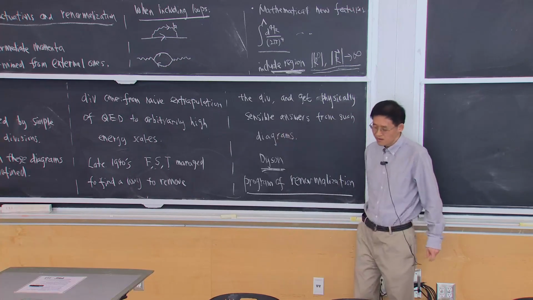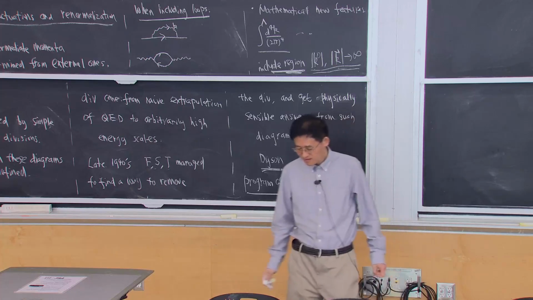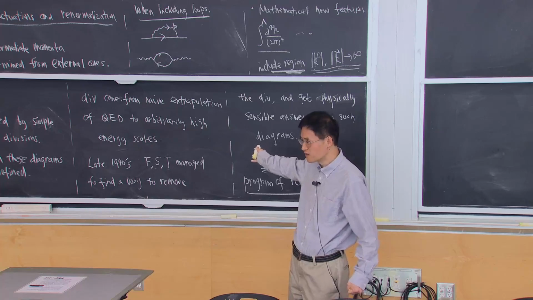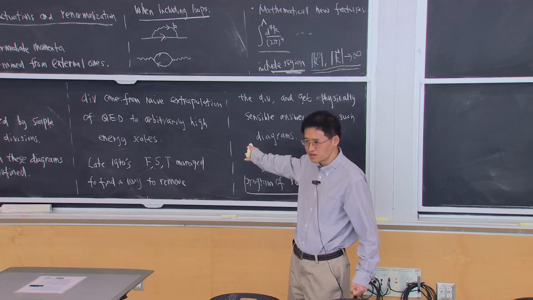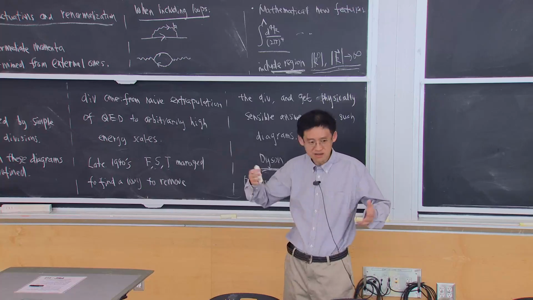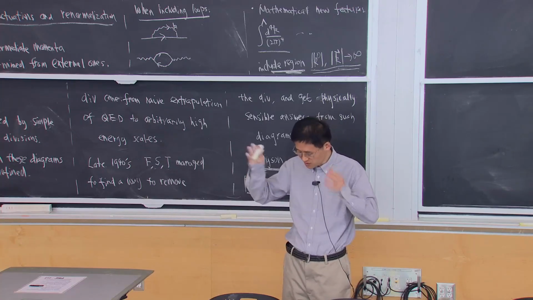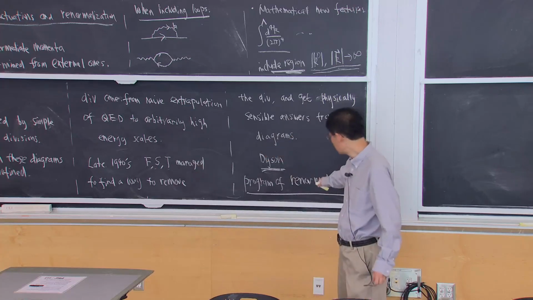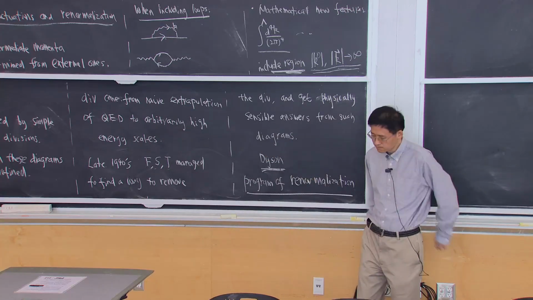But still, many people didn't believe this was something sensible. For many years people thought this was just a mathematical trick to get some answer, and doubted this program of renormalization.